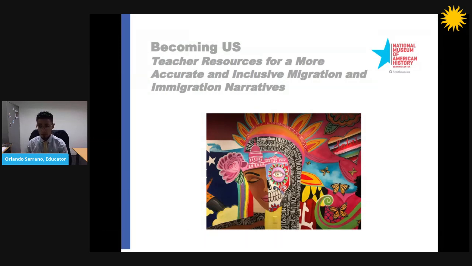The exhibit is anchored around 4 themes: thinking about immigration and migration as some of it was voluntary, some of it was forced. Some folks were incorporated into the United States as the nation grew, and some folks were already here. We took those 4 ideas and sought to expand upon them.